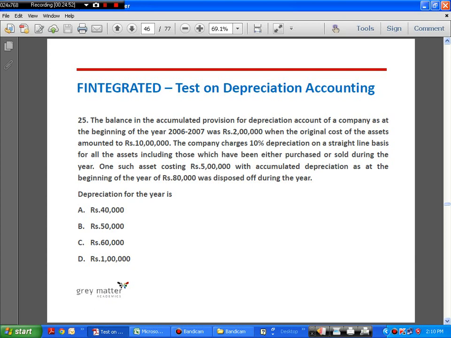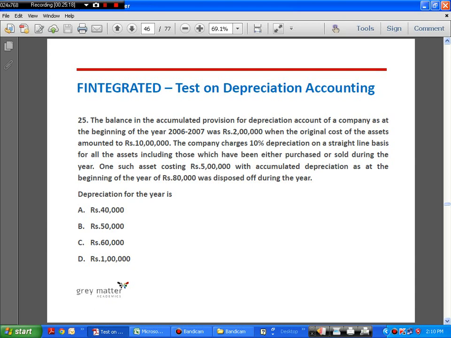So even if an asset has been sold during the year, it is depreciated for the full year before we account for its sale. Similarly, an asset that's been purchased is depreciated for the full year as if it has been purchased on the first day of the year, and sale is considered as if it's been sold on the last day of the year. So keeping this in mind, we have to find out the depreciation for the year.